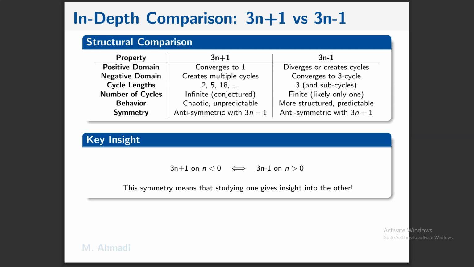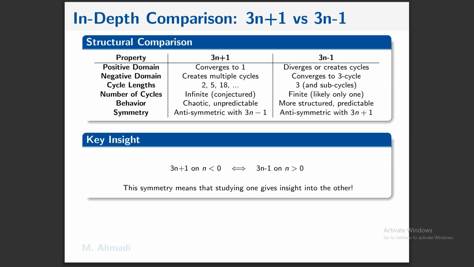But 3n minus 1 converges to 3 cycles, and 3 is a subcycle. The cycle lengths in 3n plus 1 are 2, 5, 18, but in 3n minus 1, the cycle length is 3. For 3n plus 1, the number of cycles being infinite is only a conjecture. But for 3n minus 1 it is finite, only one cycle.